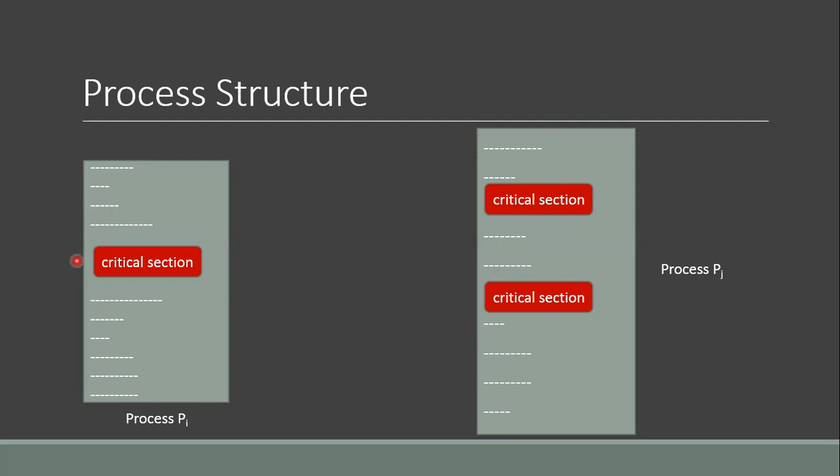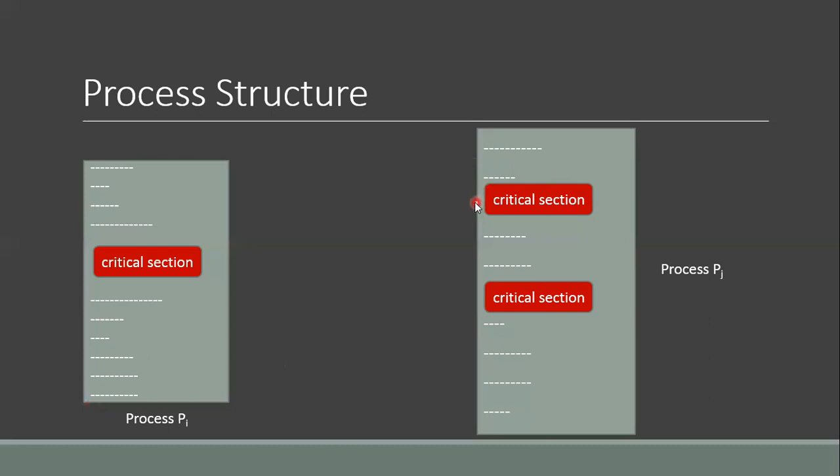However, in order to execute the critical section, we need to solve the critical section problem. And you see process Pi's critical section is followed by another remainder section. In case of process Pj, this is the remainder section.